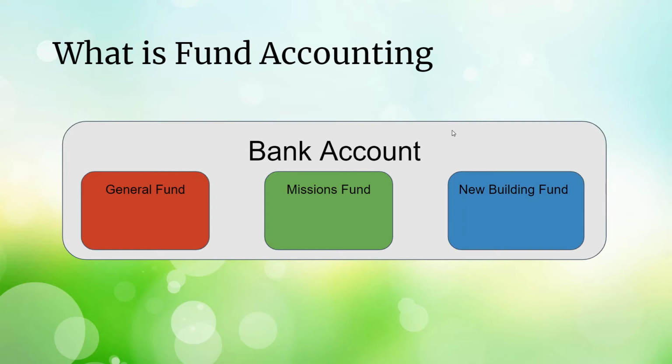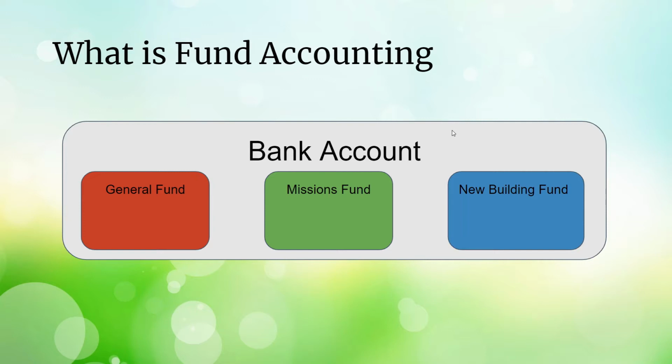So let's say, for example, your accounting software is doing what it's supposed to do, which ours does, which is great. You'll know how much money is set aside for each fund or purpose that you're doing. So that way, if you do a fundraiser for your missions fund and people donate to that, legally you should be tracking that and making sure that that's where you spend the money.